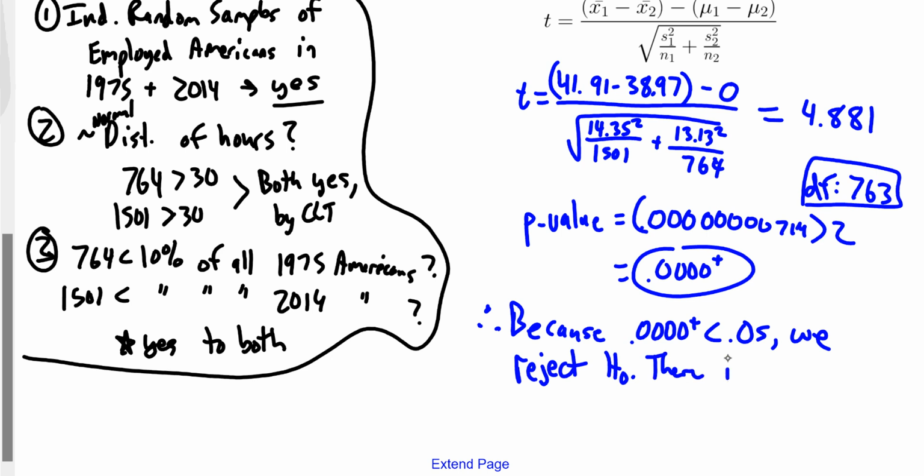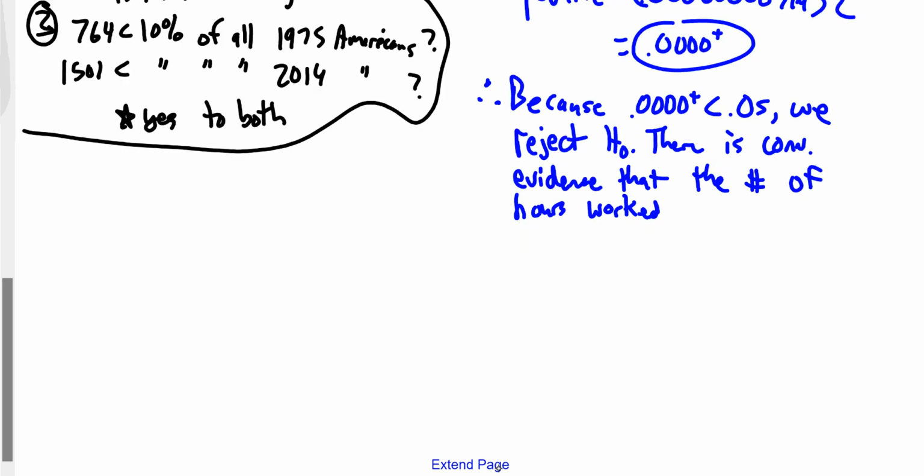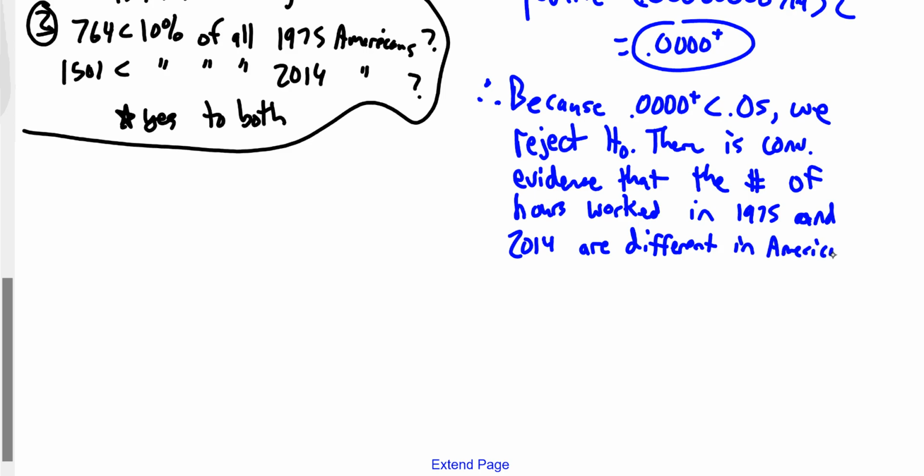There is convincing evidence that the number of hours worked in 1975 and 2014 are different in America, or some wording of that.